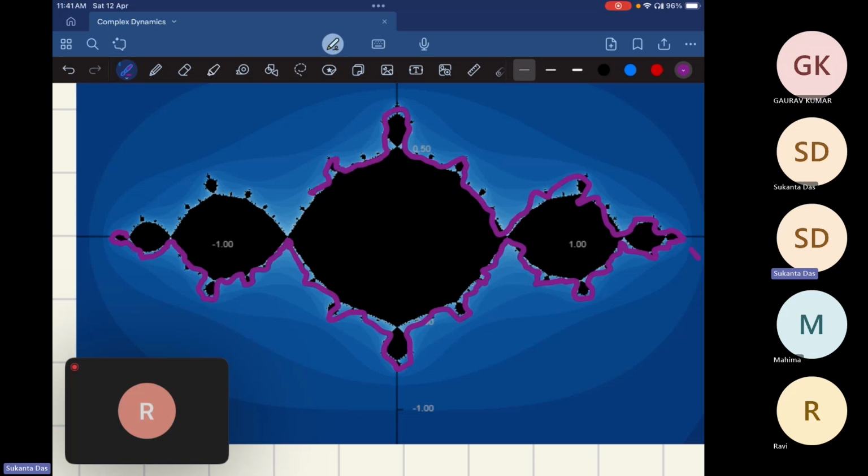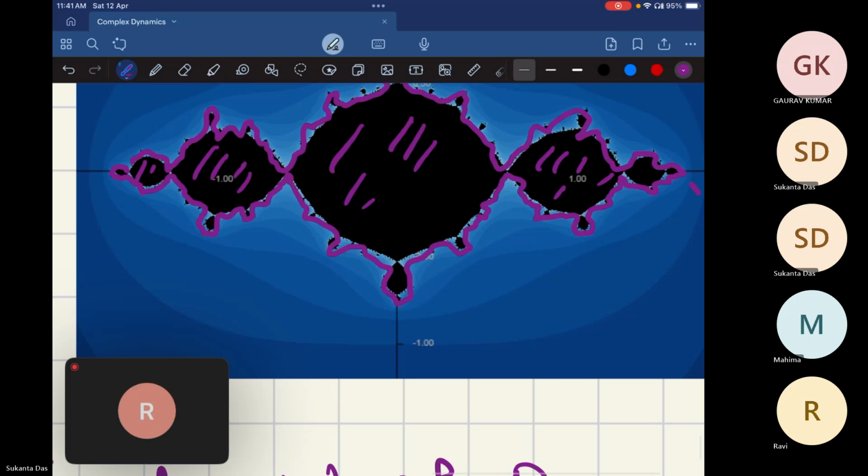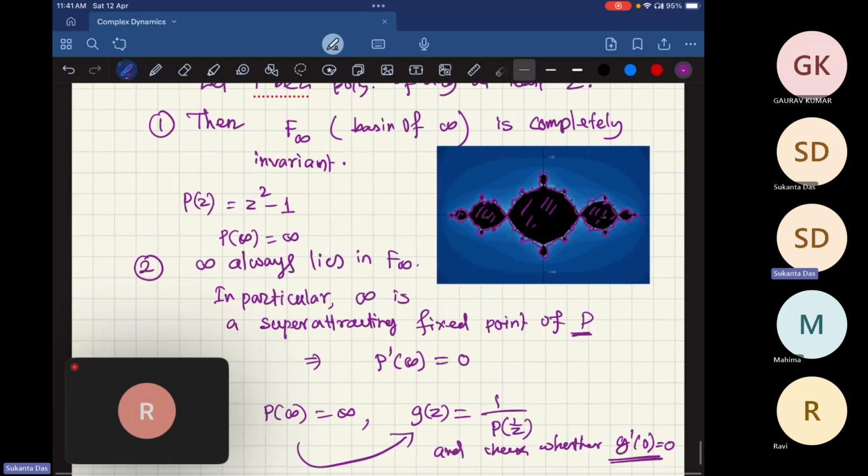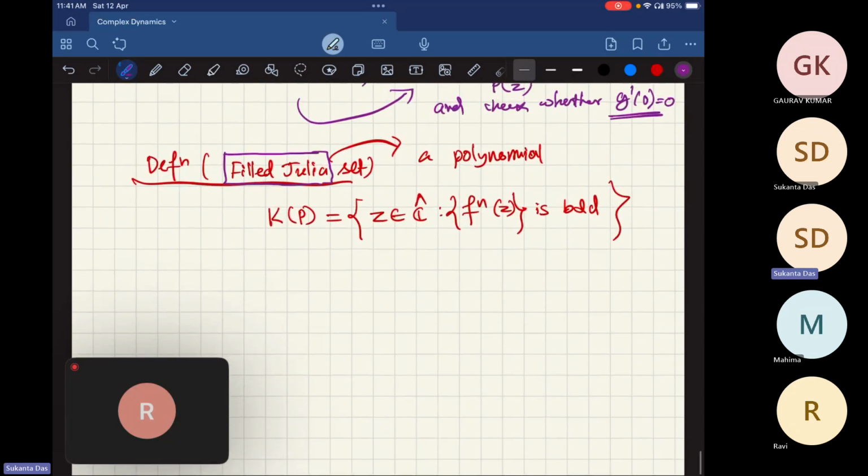So this is precisely the Julia set. And the interior part of the Julia set is basically filled with those points whose iterates are bounded. So this is a Julia set whose interior is filled with those points which are in Kp. So that is why I'm saying the terminology is filled Julia set. The interior of the Julia set is basically filled with points.